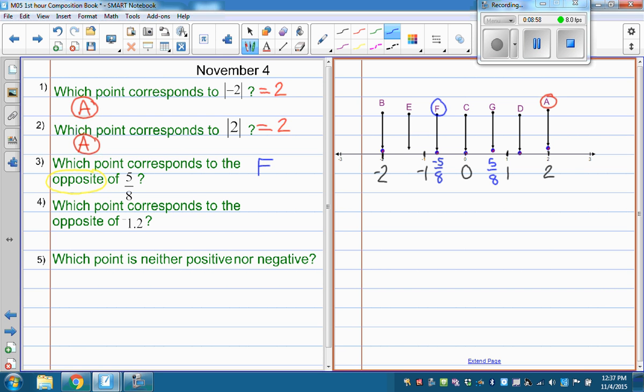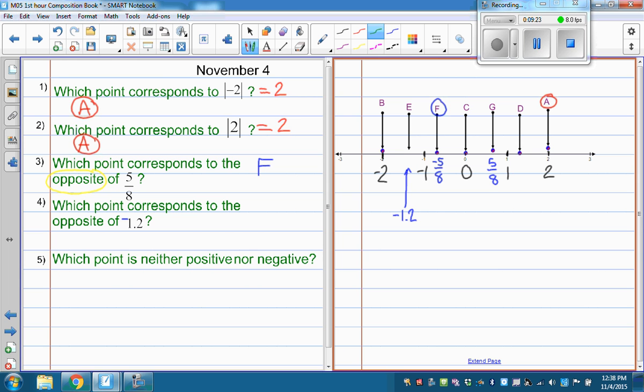Similarly, which point corresponds to the opposite, and I don't know if you can see there's a negative there, of negative 1.2? Negative 1.2 would be somewhere in between negative 1 and negative 2. So the opposite of negative 1.2 would be positive 1.2.